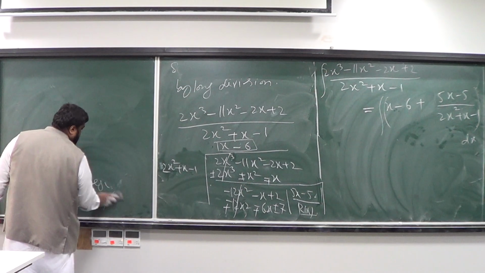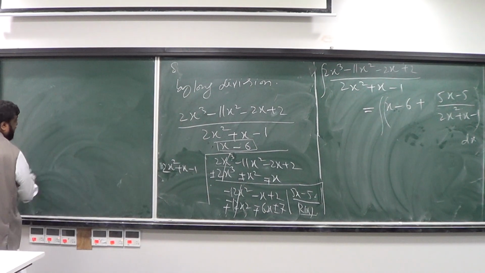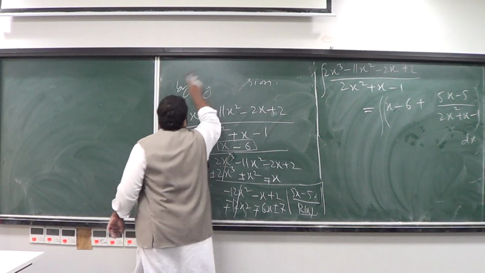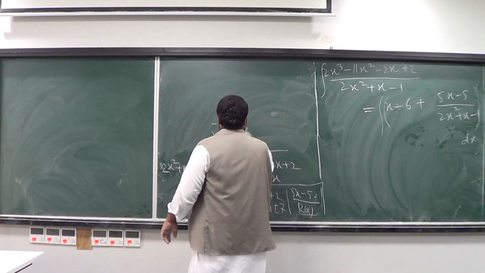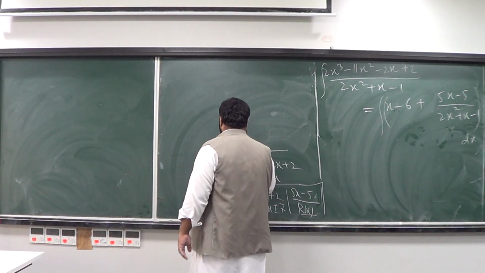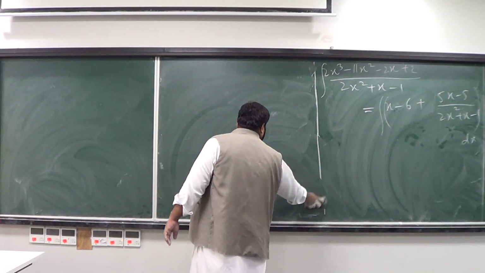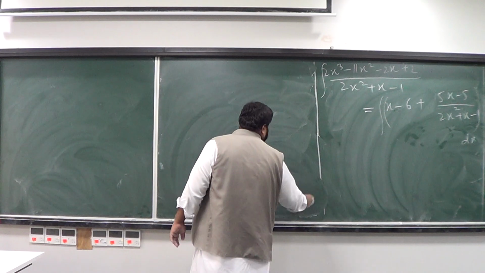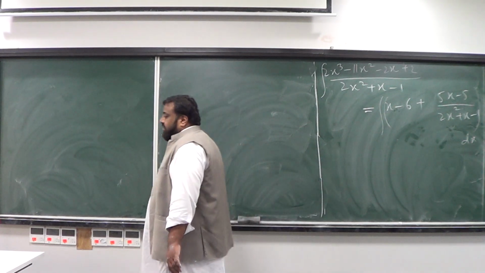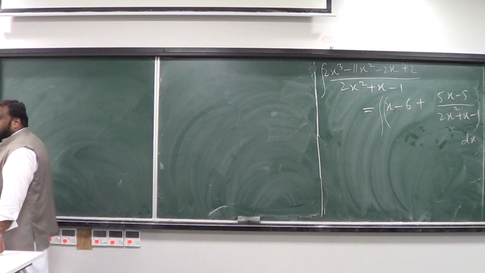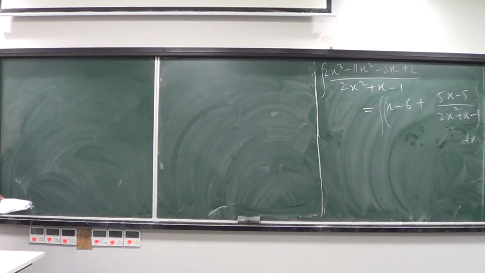The second remark is, what if you have in the denominator, where the degree of the numerator is smaller than the denominator, but the trouble is that in the denominator there is a linear expression which has more than one multiplicity?